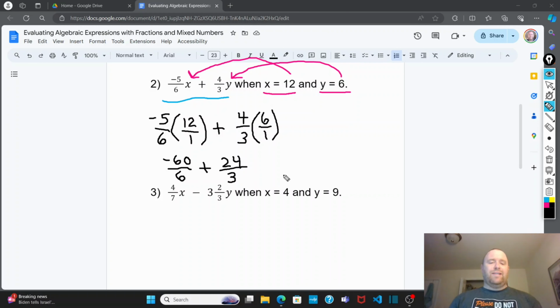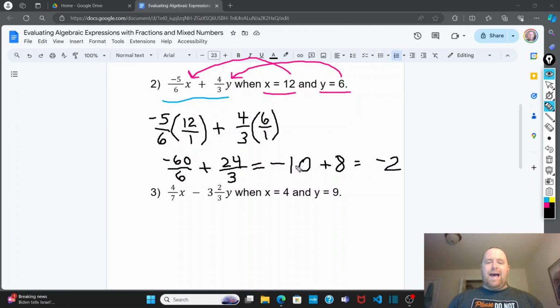Remember, the fraction bar does indicate division. So if I continue to simplify this out, I get -60 divided by 6. That is -10 plus, now we have 24 divided by 3, which is 8. So this expression evaluates to -2.